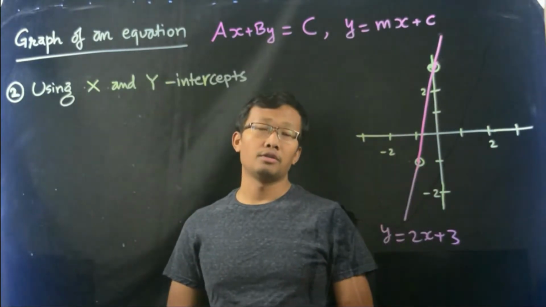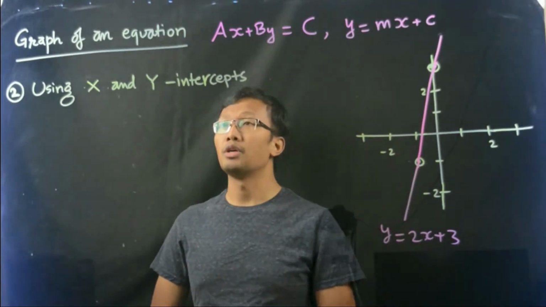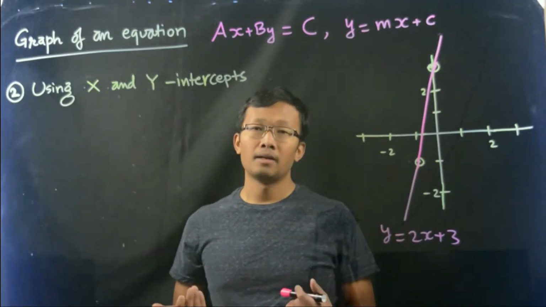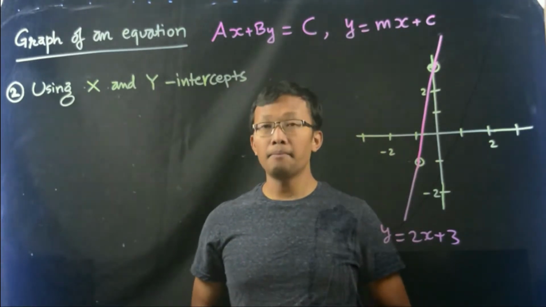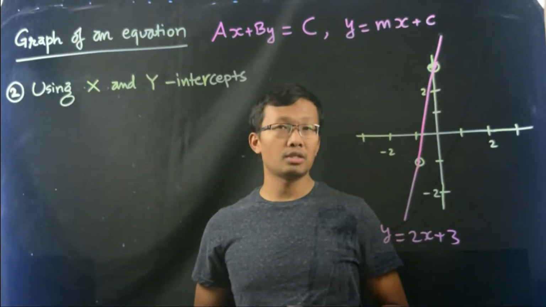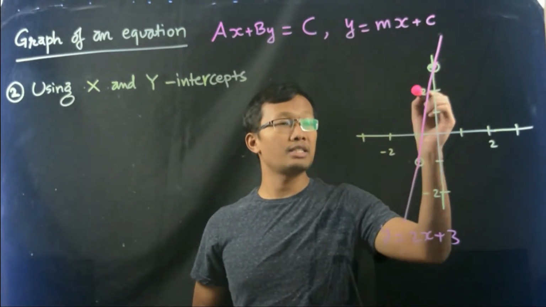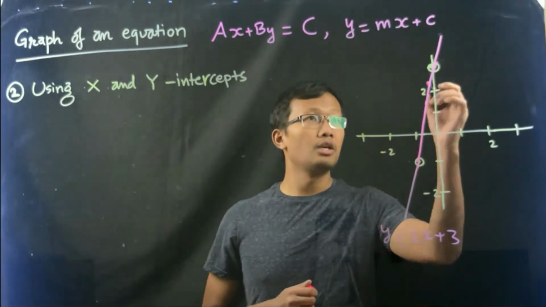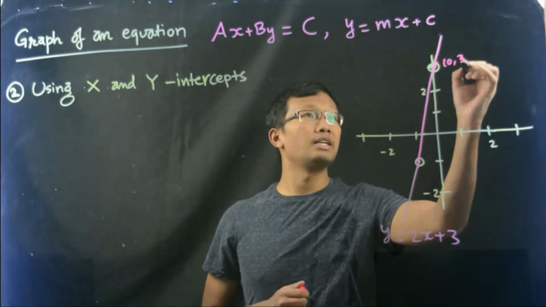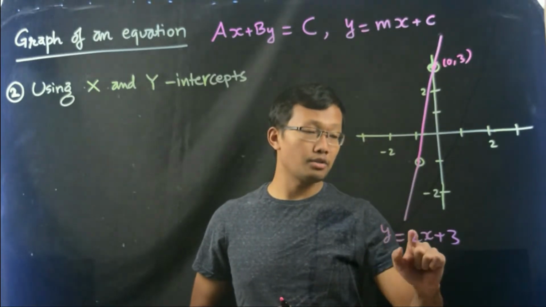The second way to graph an equation of a straight line is to use x and y intercepts. By the name x-intercepts and y-intercepts, we mean the points where the line touches the y-axis and x-axis. Okay, so this point 0 comma 3 is the y-intercept for this line y equals 2x plus 3.